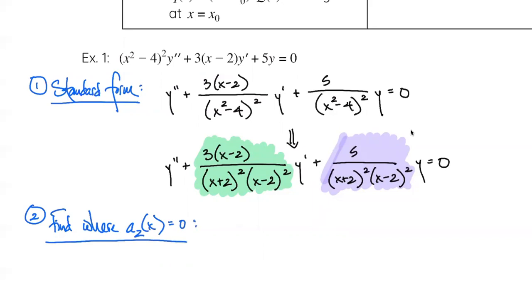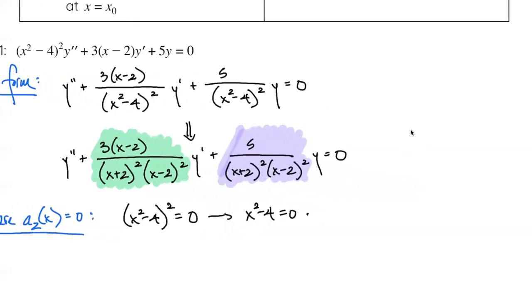And so we end up with x squared minus 4 squared equals 0. We know from our previous factoring that that's really the same as x squared minus 4 equals 0. Or we could say this is x equals plus or minus 2.